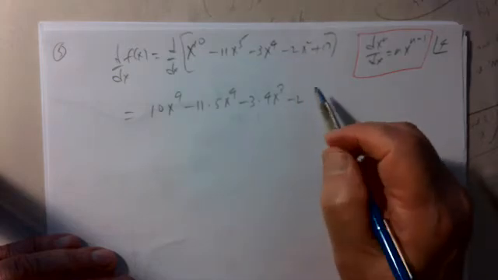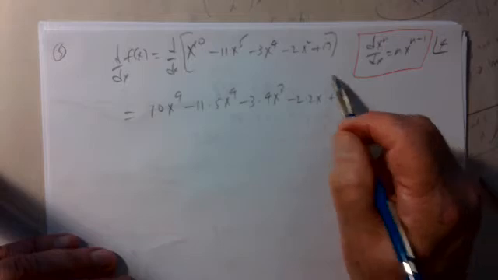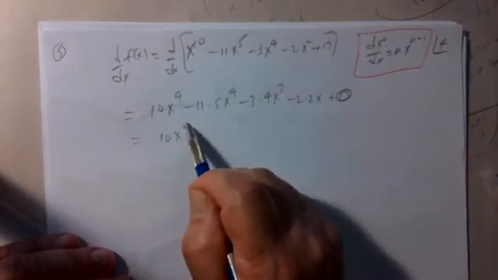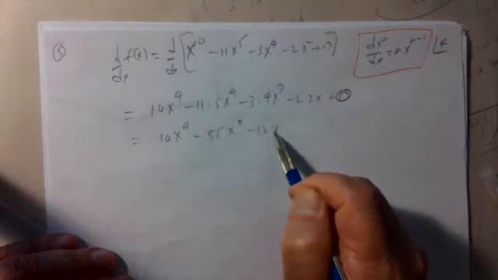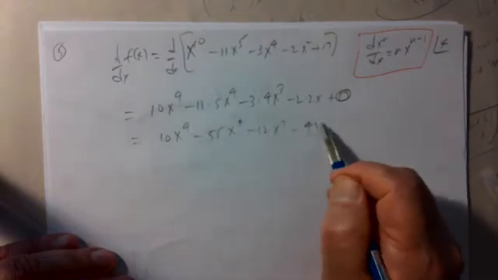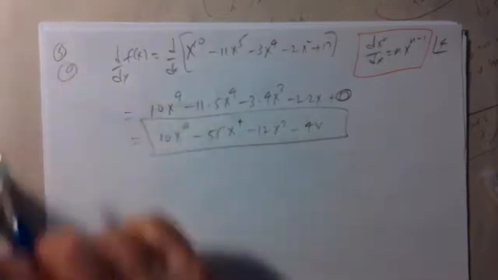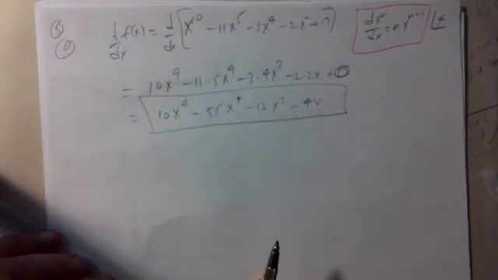Minus 2 times the derivative of x squared, which is 2x, plus the derivative of a constant, which is 0. So this is 10x to the 9th minus 55x to the 4th minus 12x cubed minus 4x. That's the derivative.